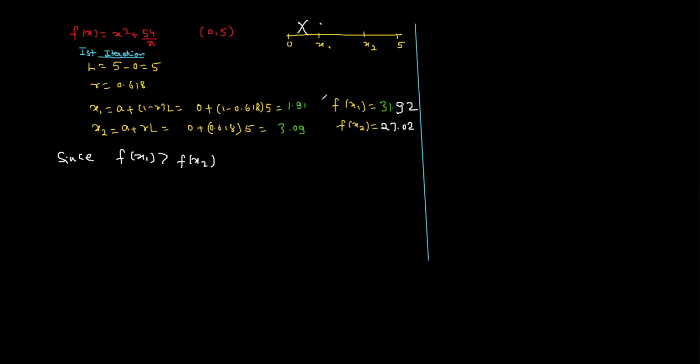So what do you do? X1 is greater, so you discard this part. You will take this part. X1 means 2.5, right? First iteration done. Now you will do the second iteration. Understood?